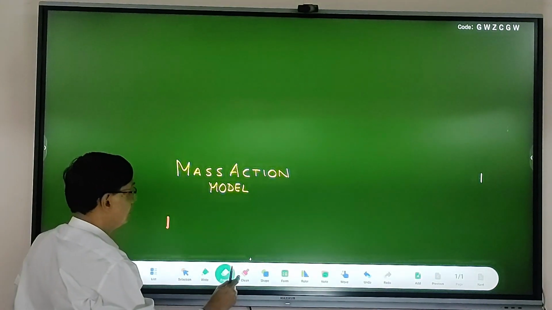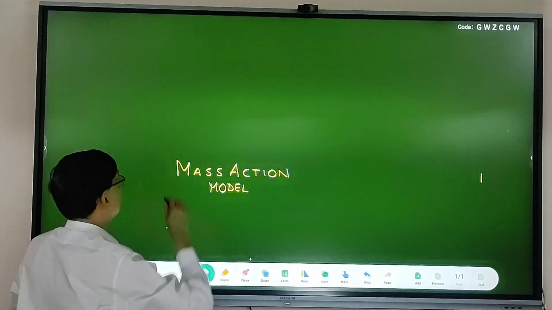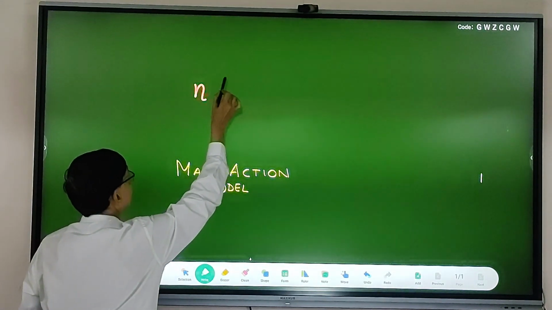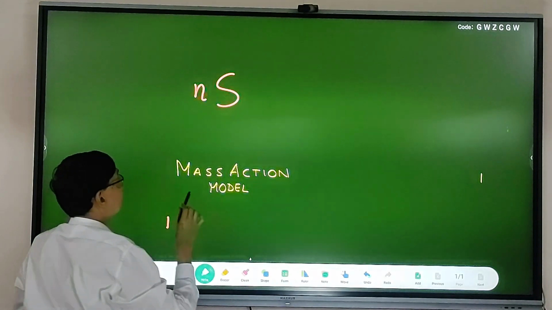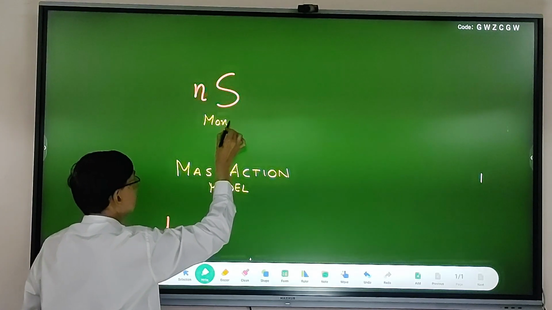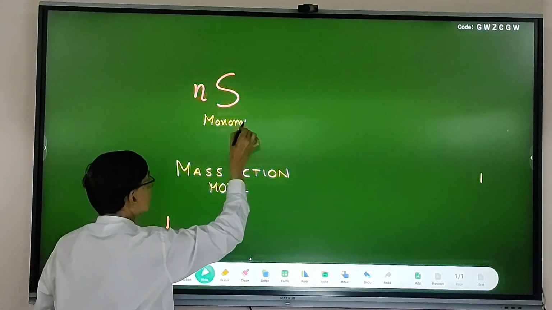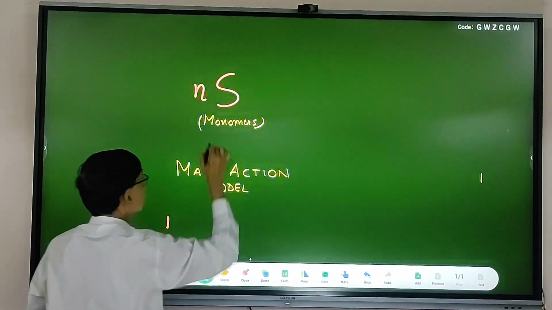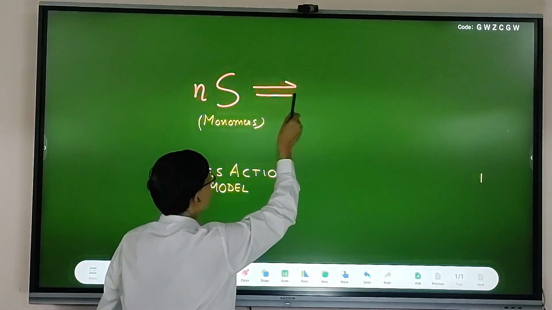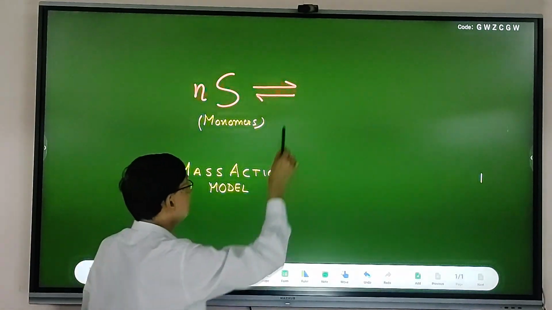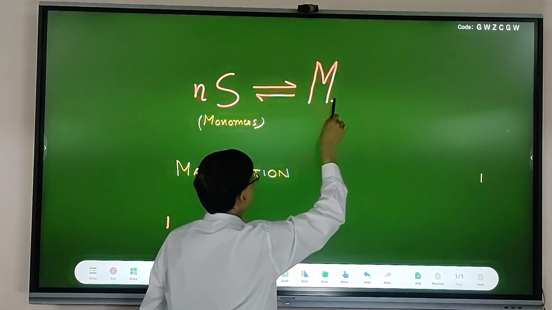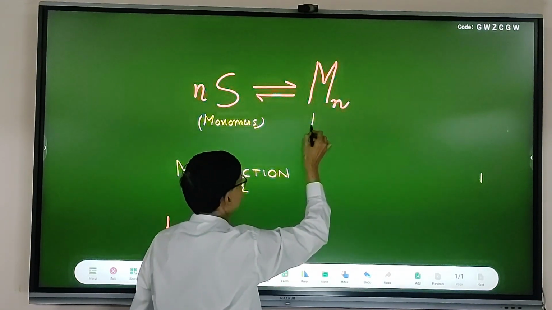So let me start with this simple system. N of surfactants, it is actually monomers, is converted into micelles.